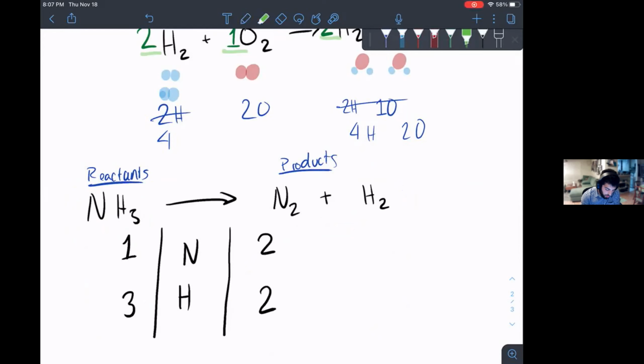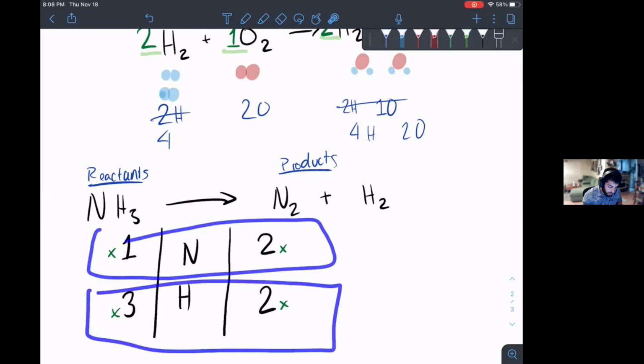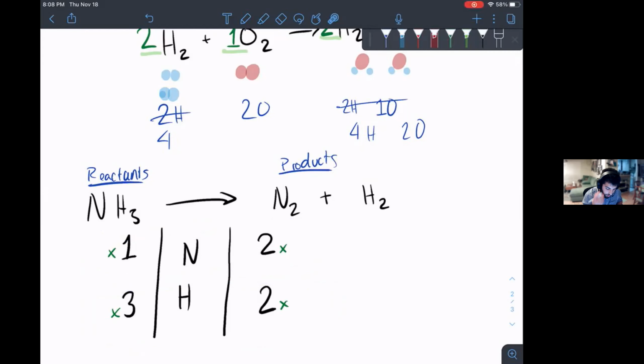Then what I'm going to do is see what I can multiply each of these by to get the other number. And I start from the top. So I'm going to start with nitrogen, and then I go down to hydrogen, and I'll just keep going back and forth. So I can see that I can multiply 1 over here by 2, and that will get 2.